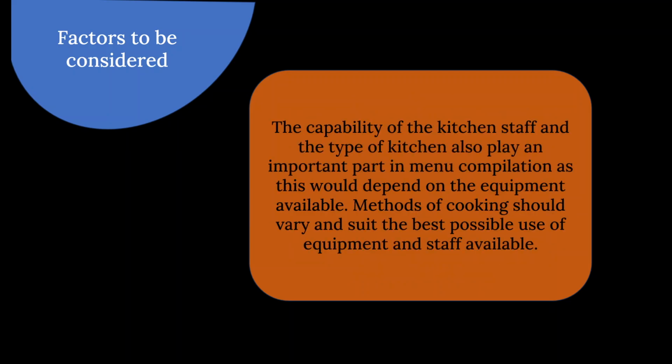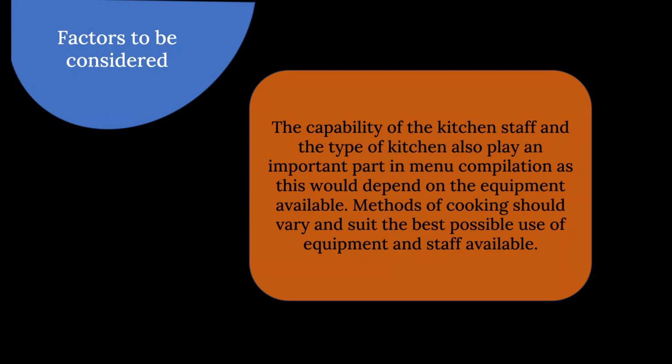Next point is the capability of the kitchen staff and the type of kitchen, which also play an important part in menu compilation, as this would depend on the equipment available. Methods of cooking should vary and suit the best possible use of equipment and staff available. A very basic example I am citing: suppose you don't have an electric griller or you don't have any tandoor.